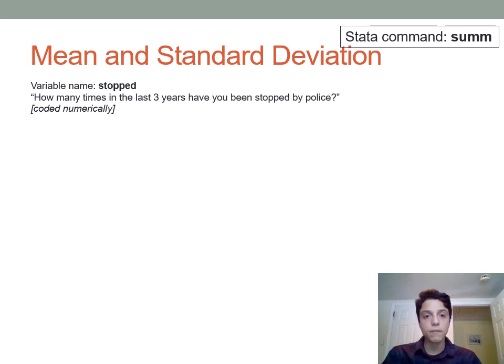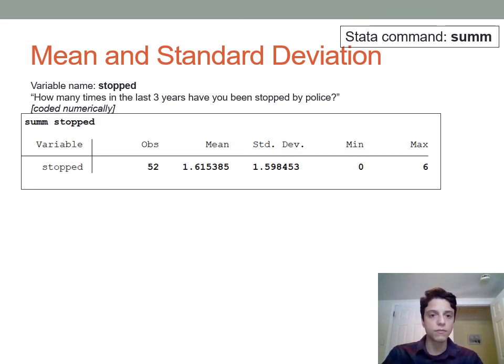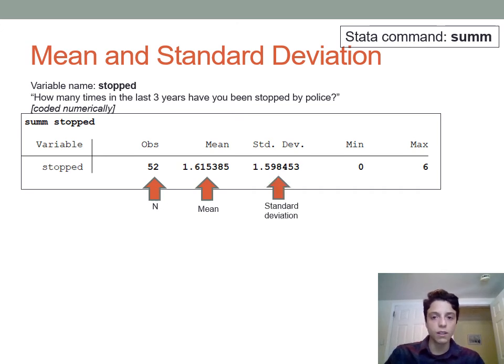So here's the same variable again, asking about police stops. And here we're going to use this command sum, and it pops out output that looks like this. If you were working with this particular program, it would show you your total number of observations, or n. It would show you this mean of 1.615 stops, which you might remember is what we calculated for the class by just showing the data as well.